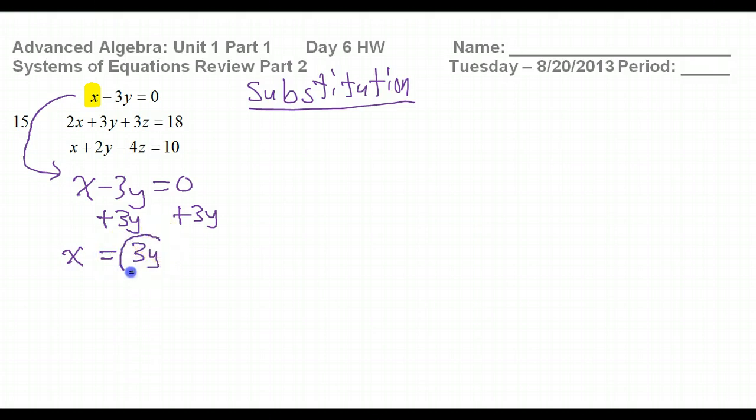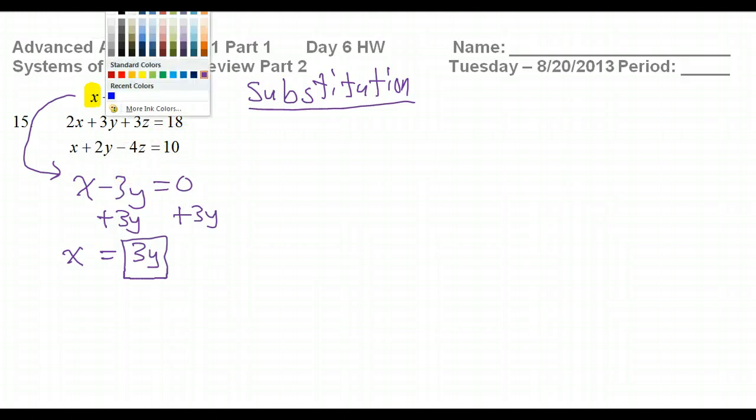Okay, cool. That means this is already by itself. So this is one little equation that I have. Now, substitution. So I need to take this and substitute it into the other two equations.